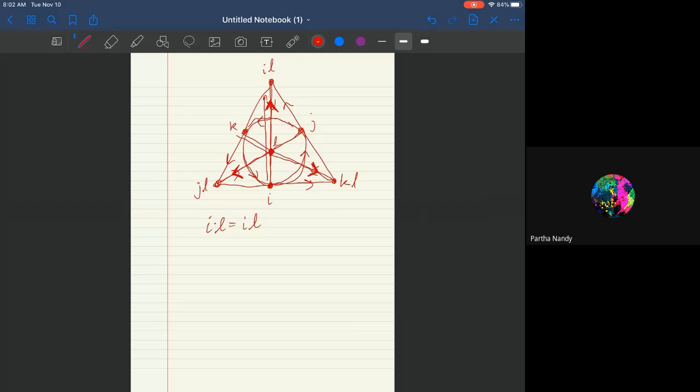Another example: K times IL, I would go this way and cycle back around here to get to JL, but with a minus sign. So K times IL is equal to minus JL. Anyway, that's what the octonions are.